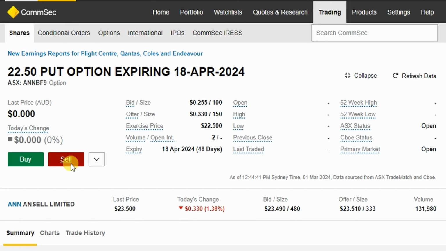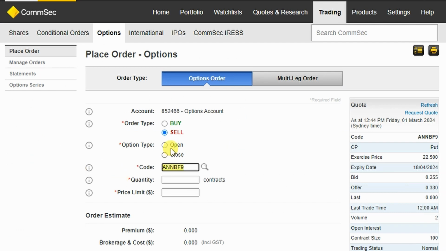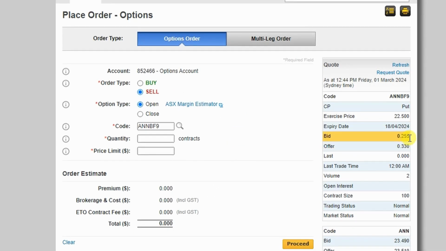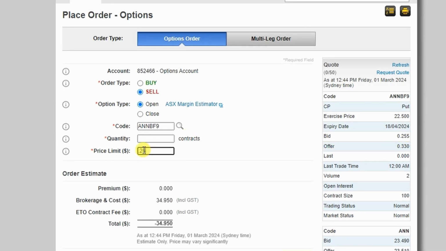So if I sell to open some cash secured puts on this at 25.5, let's go 26 cents. It's for 100. So 100 of those stocks would cost me $2,200. So let's do maybe 5 contracts. That's $100. Let's try maybe 7 contracts for $150.